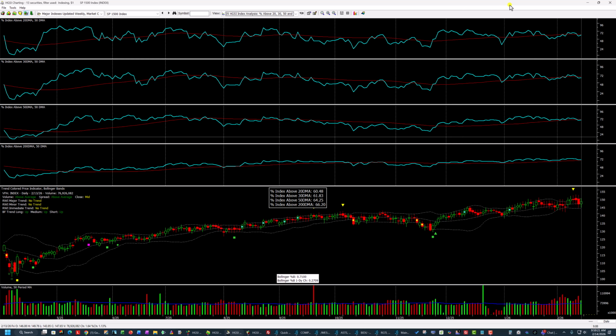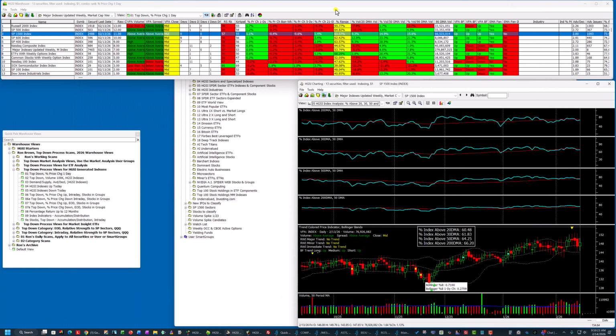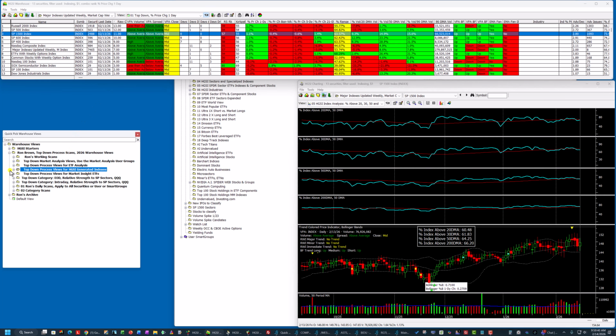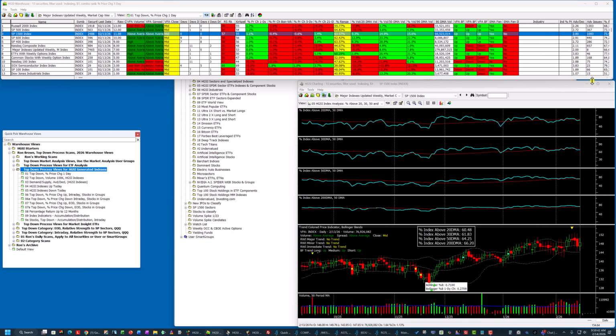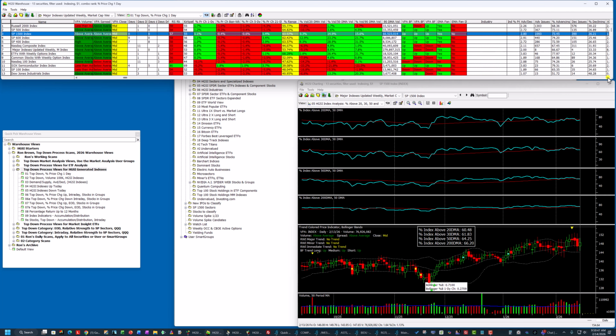to chart number 5. I'm going to make it small, and now I'm going to go to this top-down percentage price change 1-day view, 0-1. Remember, this is right here in my top-down process views, and I'm going to scroll all the way to the right here.